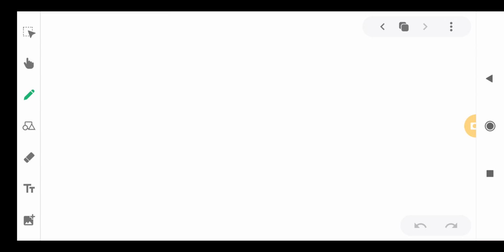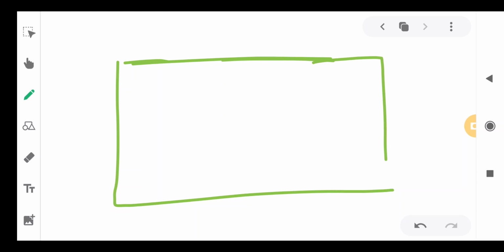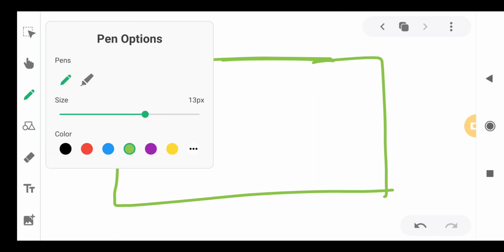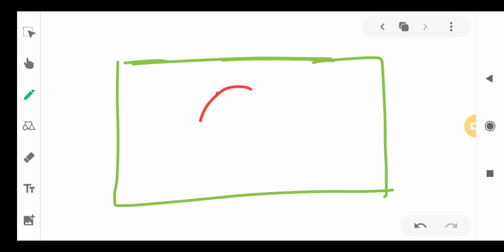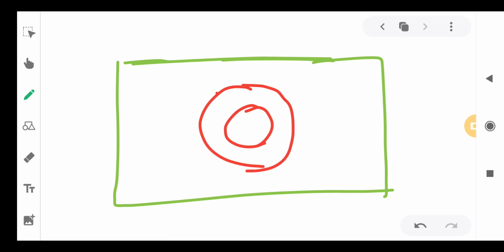For another example, I have taken a universal set, with one set and another set inside it. This is a subset of this one, and this is the common area. This is a subset of this one but not this one.